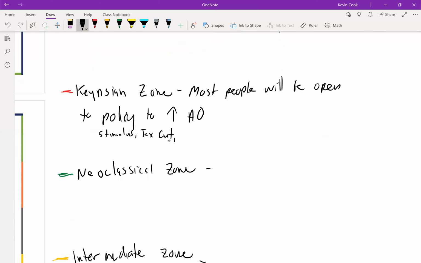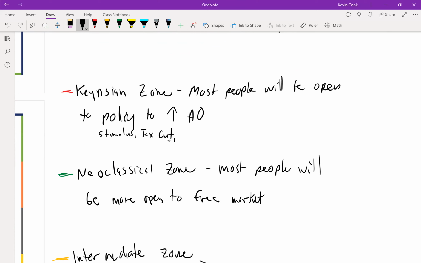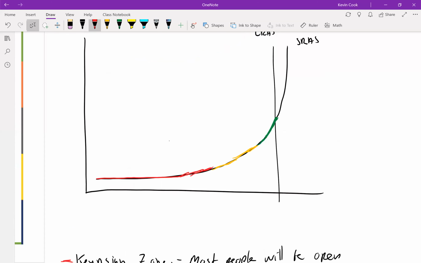In the neoclassical zone, though, most people will probably be open to free market ideas. Will be more open to a free market economy. What we're seeing in the neoclassical zone is this is when we're healthy, everything's good, we're all happy.